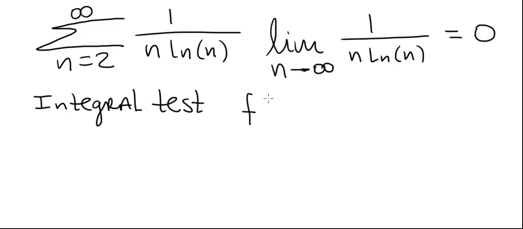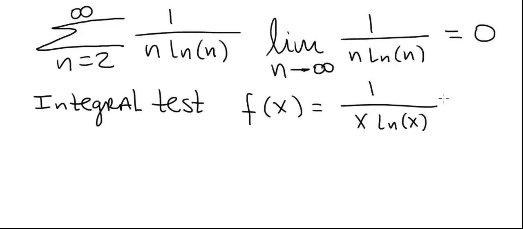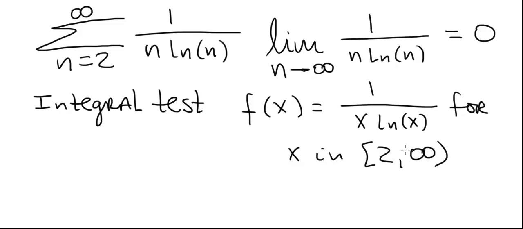Well, clearly the only such function is f of x equals 1 divided by x times natural log of x. And we are considering this function for x in the interval 2 to infinity, and that's because the series starts at 2. Now to use the integral test we must verify 4 conditions that this function must satisfy.